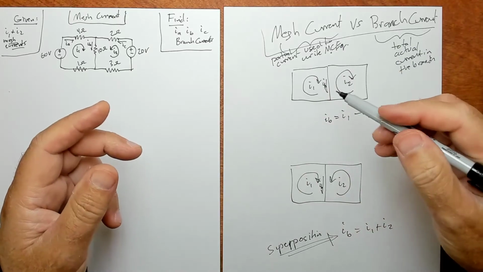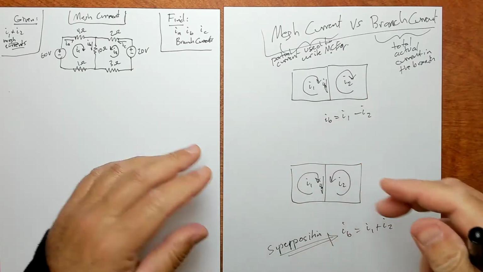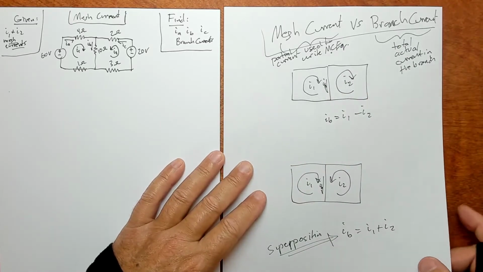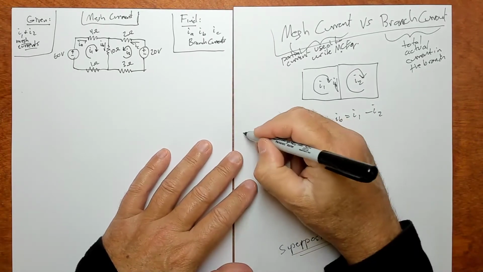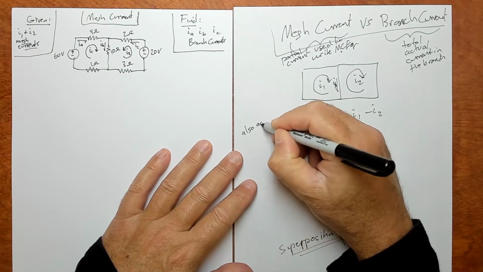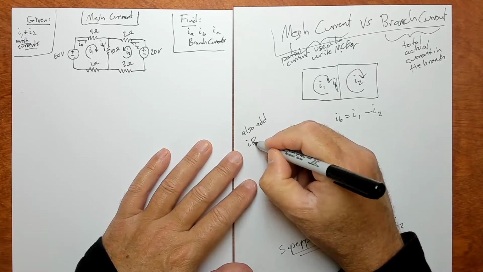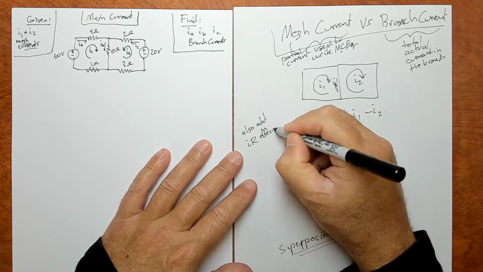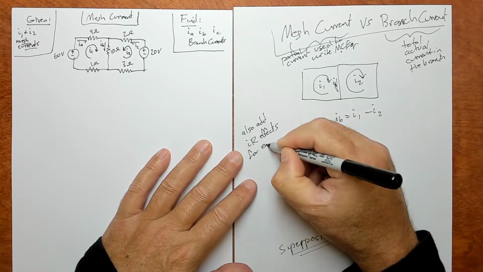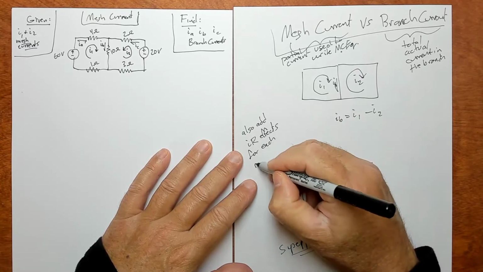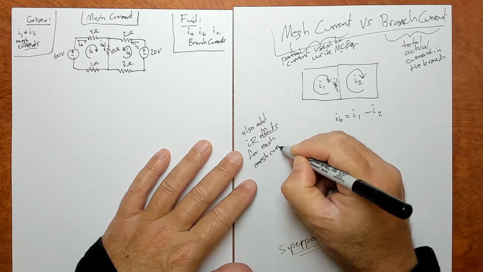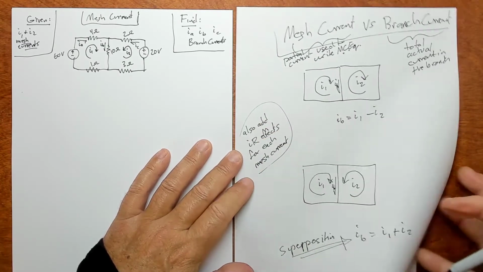We add the final currents together. We add the effects of the currents while we're doing them. We're also going to add IR effects for each mesh current. We're going to do that. So let's do that.